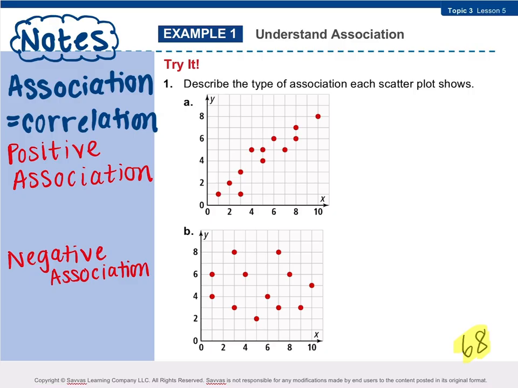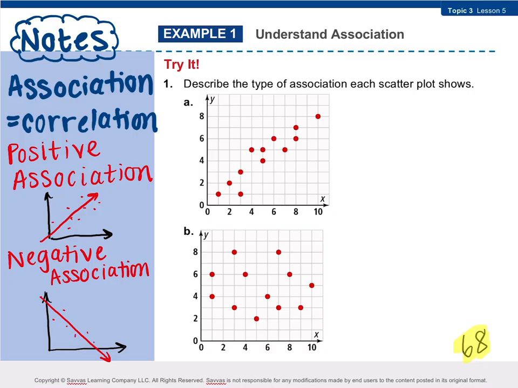And what's nice is positive association and negative association looks just about the same as positive and negative slope. So if I have a positive association on a graph, that means that my data points are trending up. So I have a bunch of points that are all going up from left to right. And a negative association, same as negative slope, means from left to right, my data points are trending down.